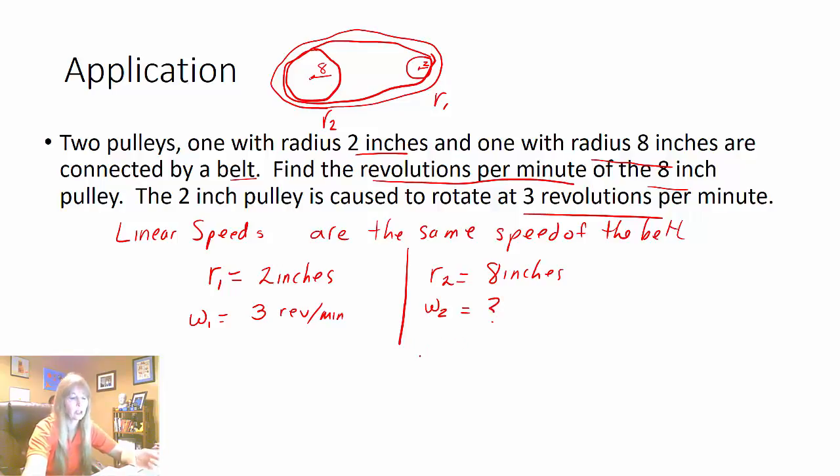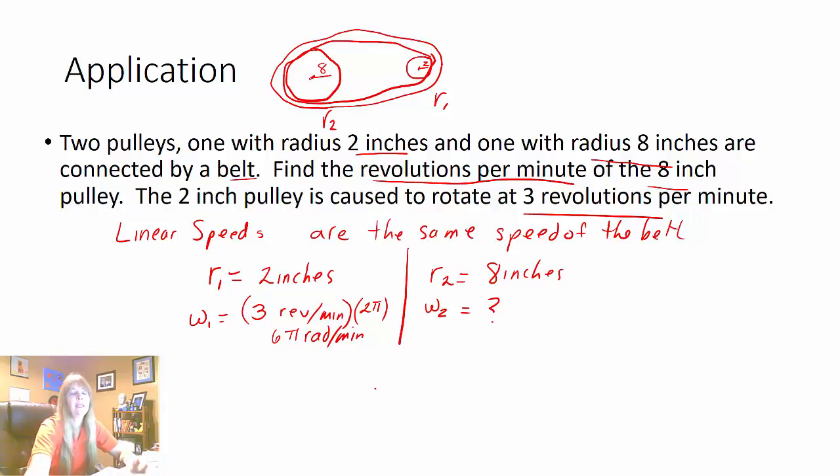So that's the part I'm actually trying to find. In this case, I need to get my revolutions per minute into radians per minute. So I know 1 revolution, once again, is 2 pi radians. If I multiply this by 2 pi, this gives me 6 pi radians per minute.